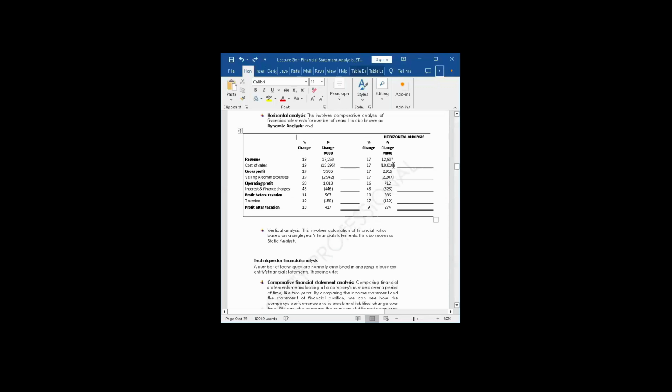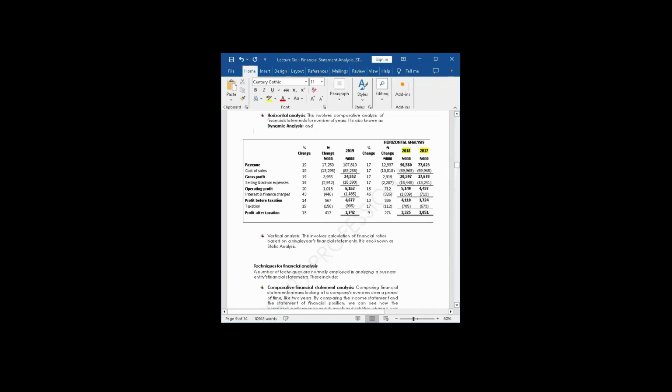So how do we do trend analysis? The formula for trend analysis equals new minus old, all over old.